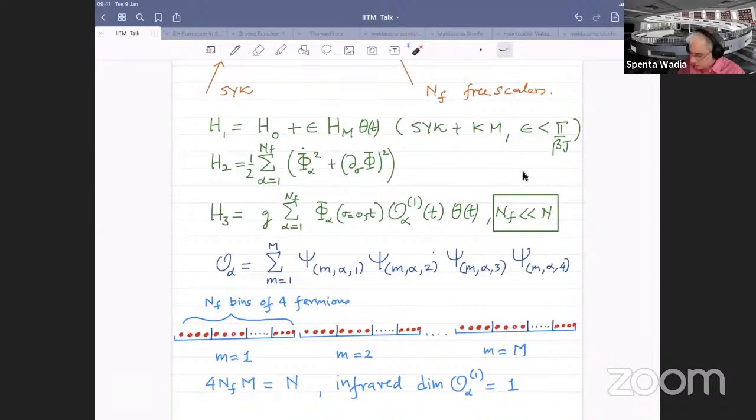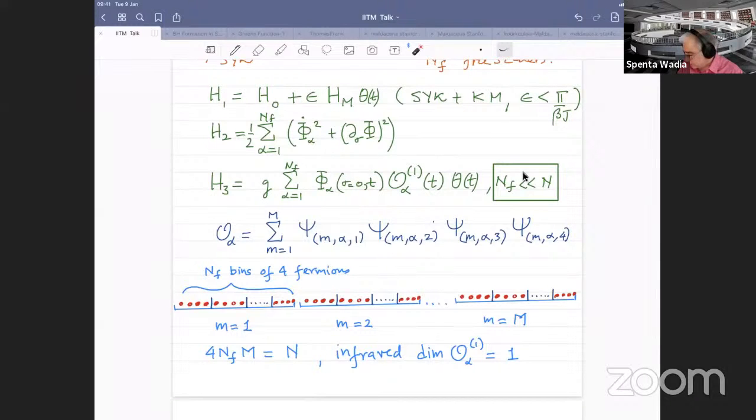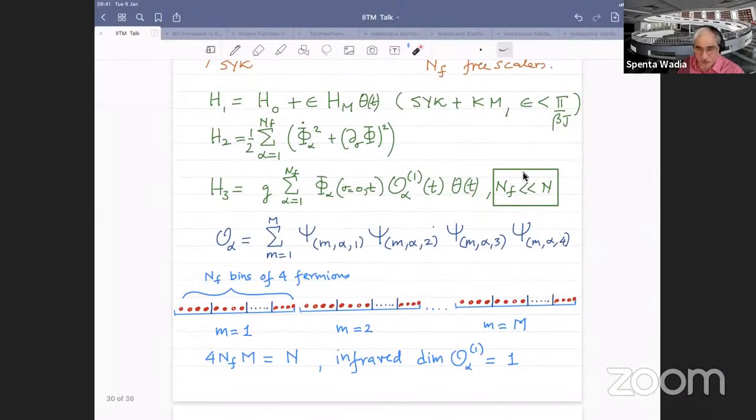It's a very beautiful construction, and it has very interesting permutation symmetries. This interaction is permutation invariant. And here is the operator. It's of dimension 1 because each fermion has dimension 1/4. And so you need these operators to couple to the bath. You can't just couple anything to a bath like this.